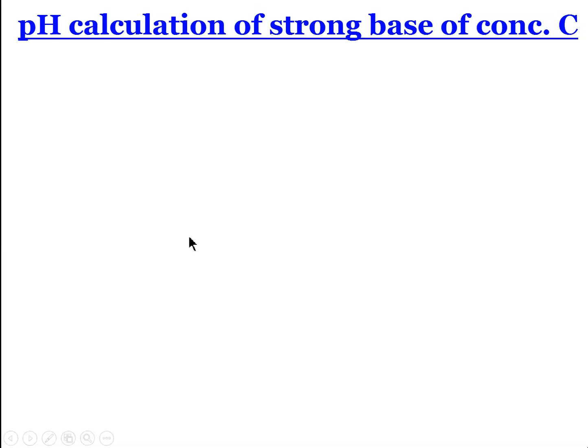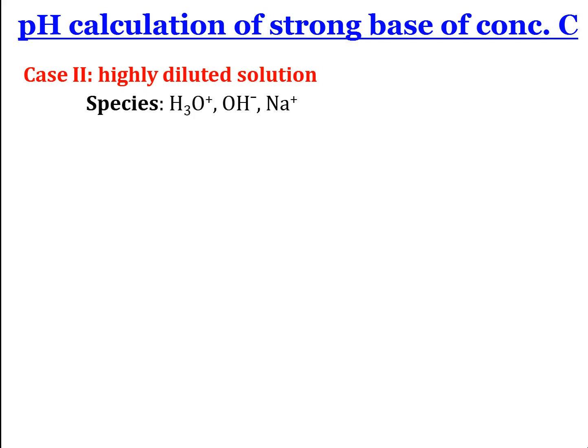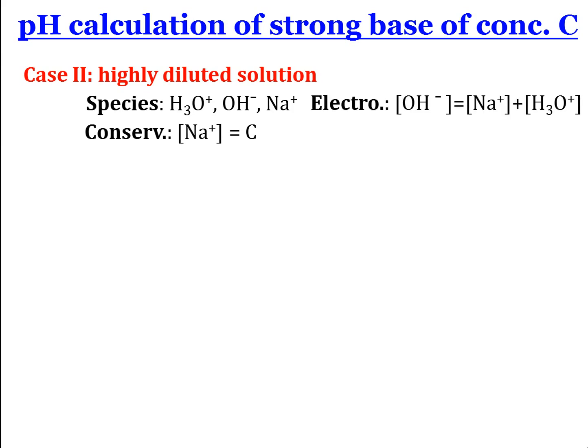The second case: suppose the base is highly diluted. The species present are H3O+, OH minus, Na+. The concentration of Na+ equals C. The electroneutrality: OH minus equals Na+ plus H3O+, and the equilibrium constant Kw equals H3O+ times OH minus.